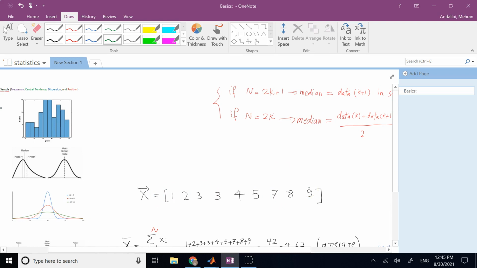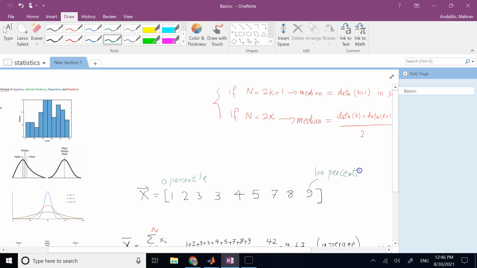Now, what you can do is you can say, well, my smallest data is the 0 percentile of the data. And my largest number is the 100 percentile of the data.